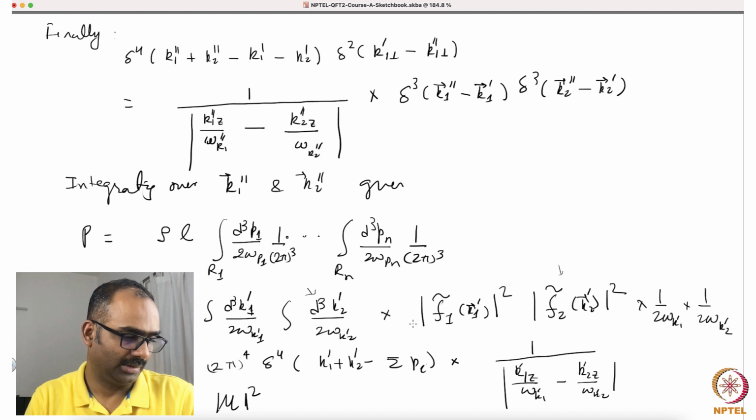I was working in the limit in which these folding functions, or smearing functions, are sharply peaked around values k1 and k2, so that only those values are picked up by these factors.